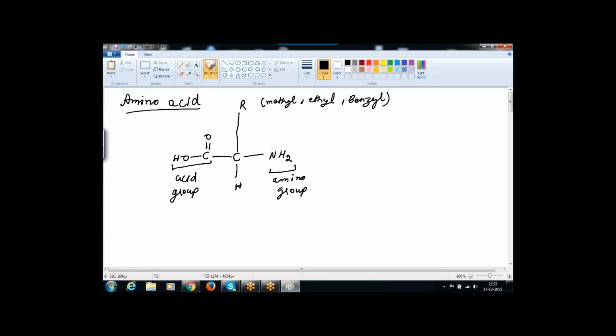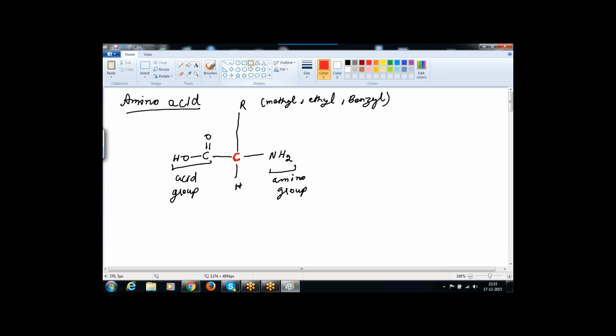It is amino also, it is acid also, provided the amino group and acid group are attached to the same carbon. On one end it has got amino group, on other end it has got acid group. Carbon has 4 valencies always, so one of those will be hydrogen and then an R group.